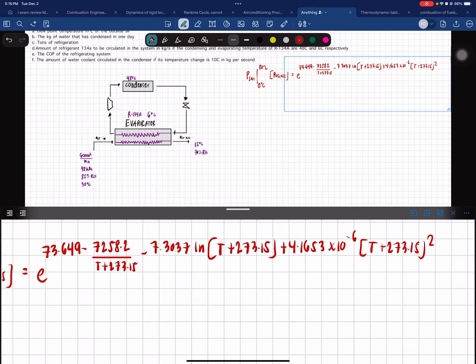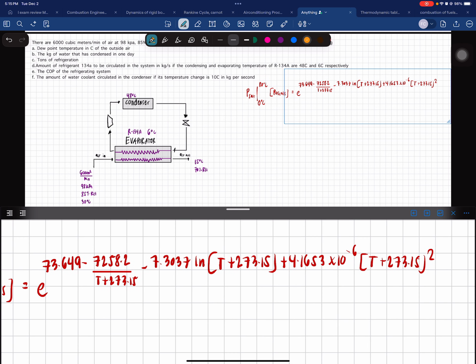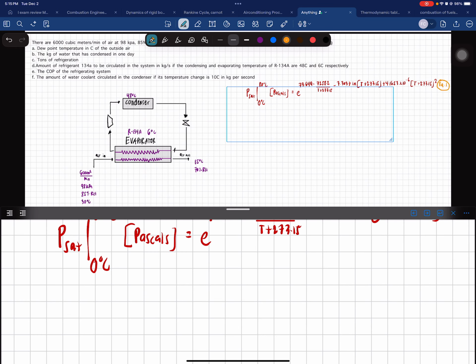Okay, so let us say that this is our equation 1.